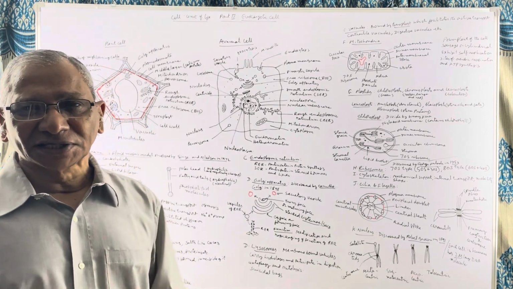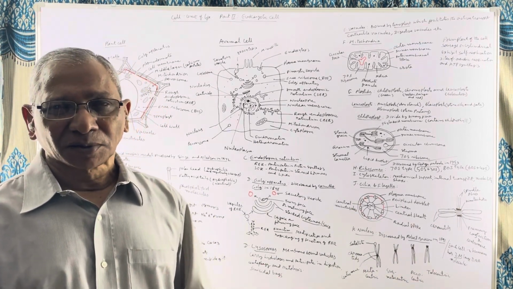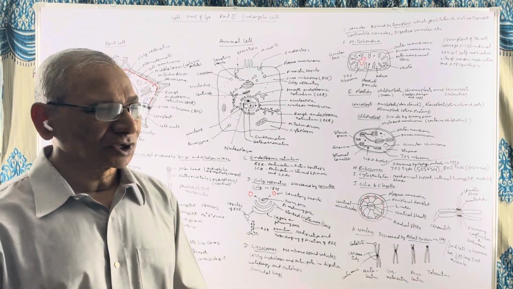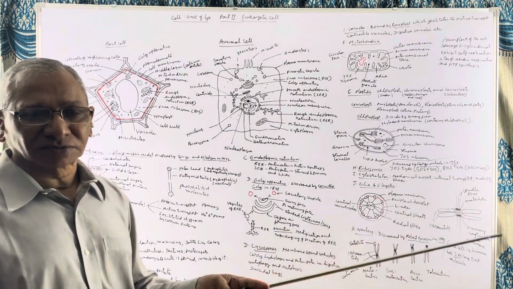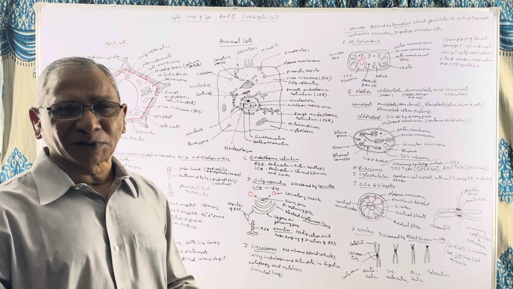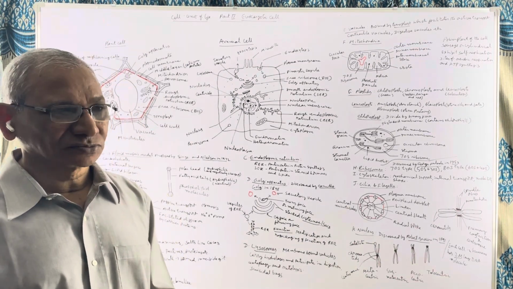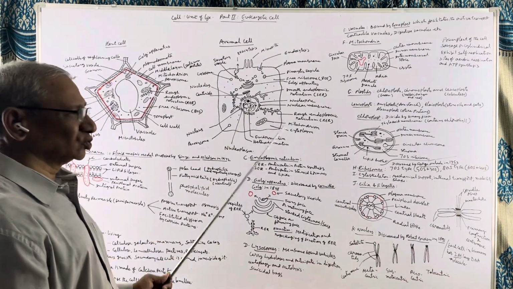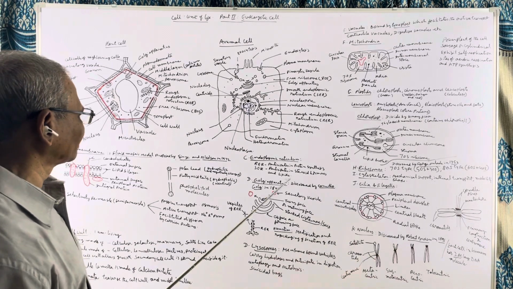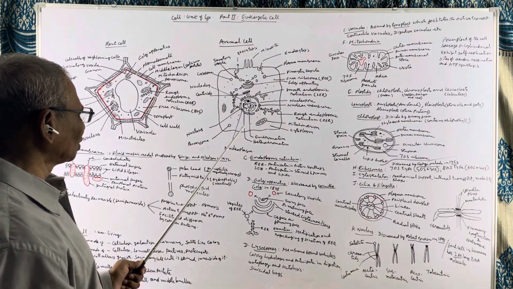It means it is not participating in any transcription process. Euchromatin means dispersed chromatin. Chromatin is dispersed and it is actively participating in transcription. So heterochromatin means condensed chromatin, euchromatin means dispersed chromatin. That is about the structure of the nucleus.